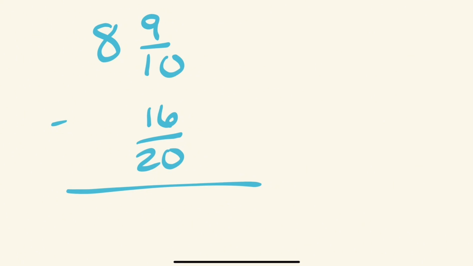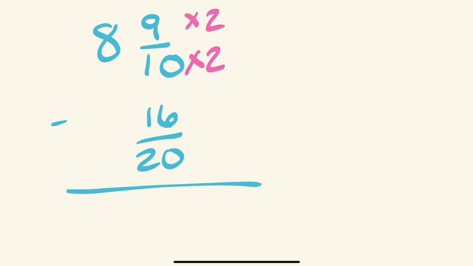What I want to do is look at the denominators next, and I can see that the denominators in this fraction are different. I also know my facts, so I know that 10 times 2 will give me 20. Whatever I do to the top, I have to do to the bottom.